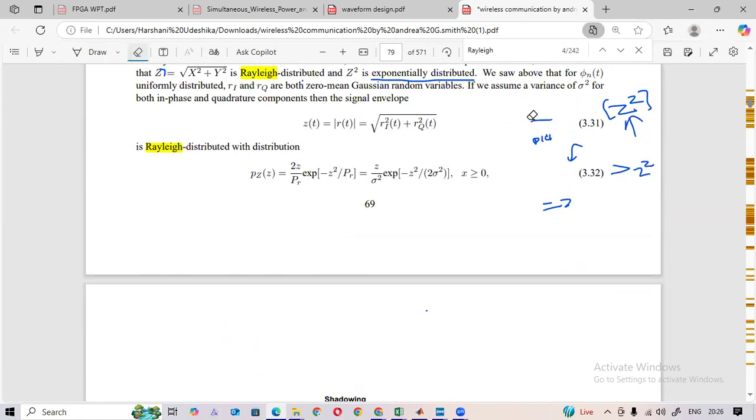This is the probability density function of Rayleigh distribution, okay.